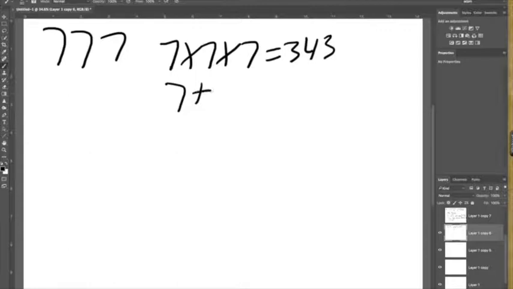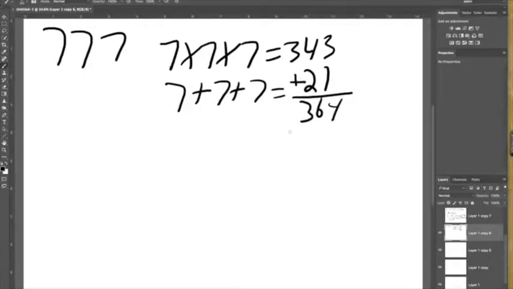Then you have 7 plus 7 plus 7, and that equals 21, okay? And if you add these up, you got 364, and you got 13. So 777 is 13, okay, and 666, okay.